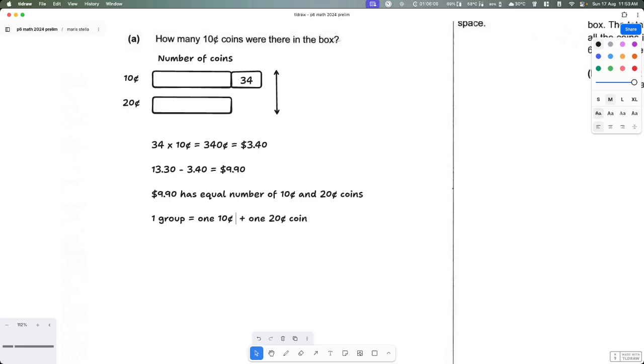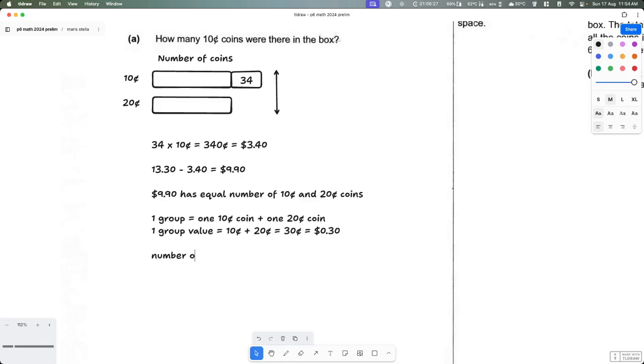And then one group value is 10 cents plus 20 cents, which gives us 30 cents, which is equal to $0.30.